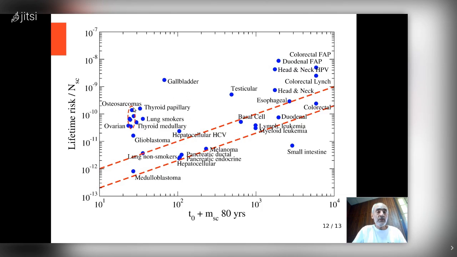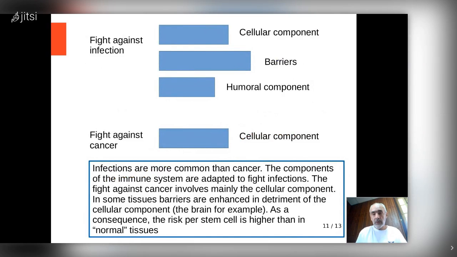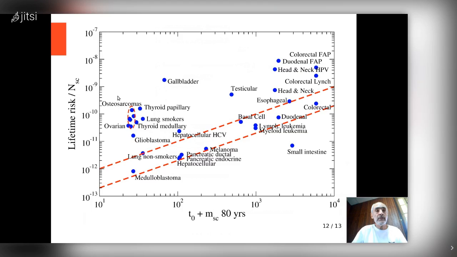This is the interpretation for testicular and glioblastoma. For osteosarcomas, the humoral component is enhanced, and the thyroid also has some interaction with the immune system, and the gallbladder, for which the bile has a very strong antibacterial property.